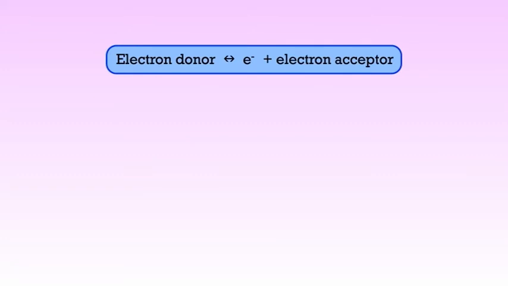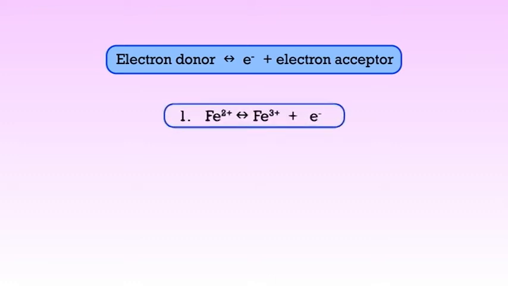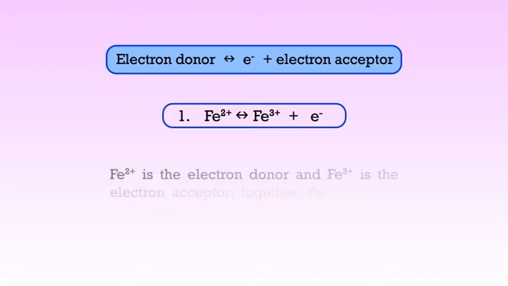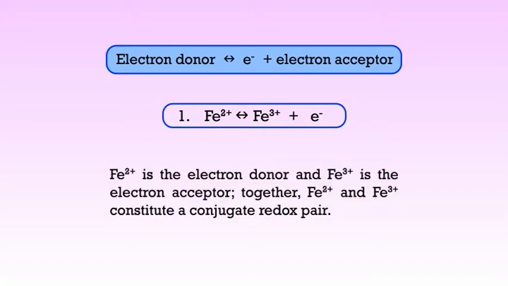In redox reactions, we can write a general equation: the electron donor gives 1 electron plus an electron acceptor. In the reversible half reaction number 1, which we just saw, the ferrous ion is the electron donor and the ferric ion is the electron acceptor. Together, the ferrous ion and the ferric ion constitute a conjugate redox pair.